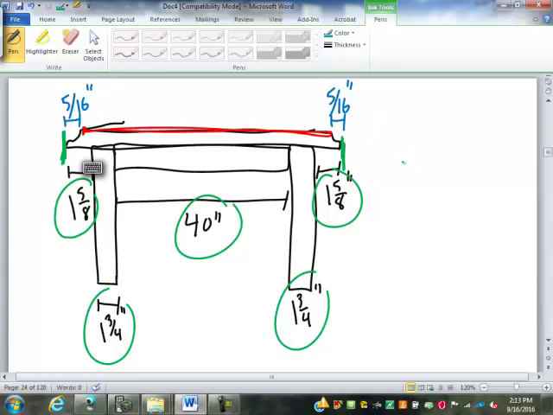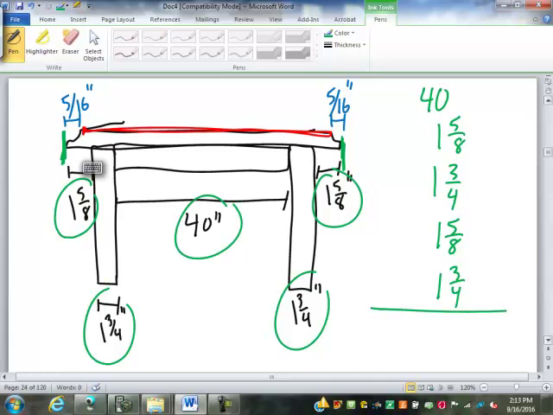A lot of different ways you could go about this. You could go ahead and just add them all up if you wanted to. Or you could multiply the 1 5/8 by 2 and the 1 3/4 by 2 before you add them, really doesn't make a difference.